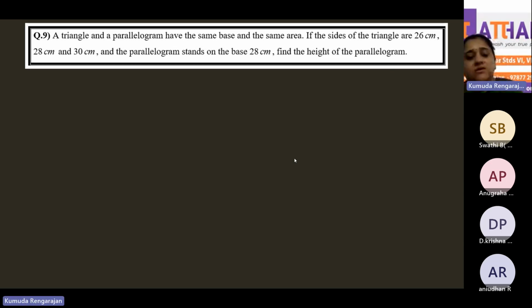I want the area of the triangle answer from one of the online students. Be quick.